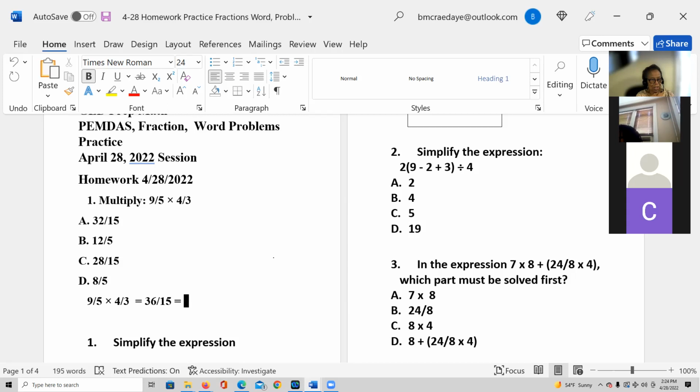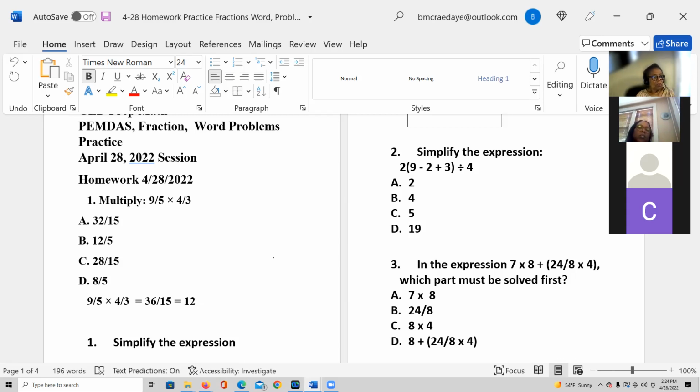What number goes into 36 that also goes into 15? 6. 6 doesn't go into 15. No, 3. 3 into 36 is how much, Maureen? 36 divided by 3. Okay. 12. 12, that's right.